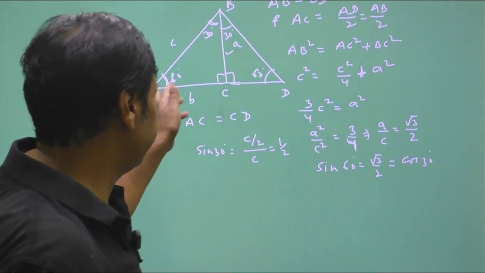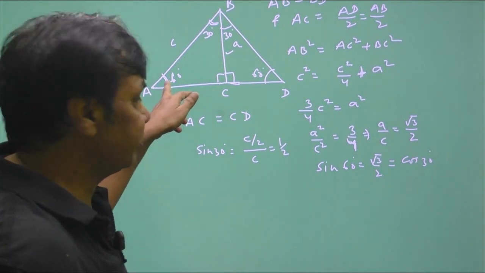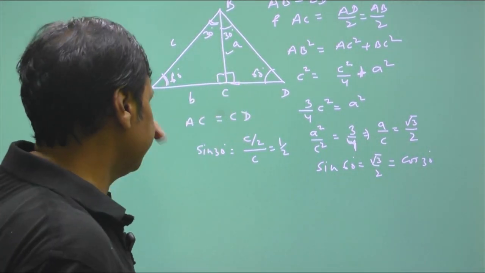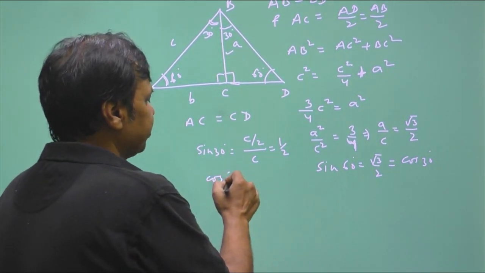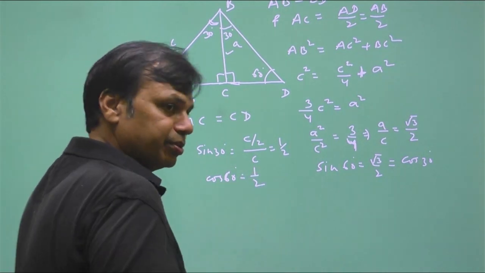And cos 60 degrees will have the base, c by 2, and hypotenuse c. So sine 30 degrees will be equal to cos 60 degrees, and it will also be 1 by 2.